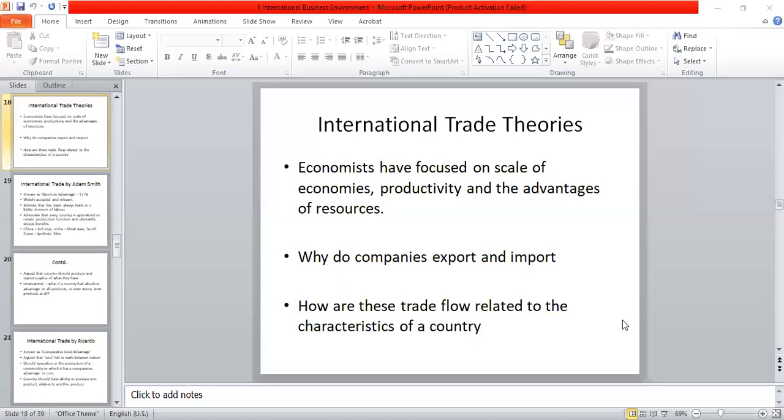So whatever theories we are studying and revising, that is the theory developed by Adam Smith, then the theory by Ricardo, and the theory by Heckscher and Ohlin. So these all theories, let me highlight this point.